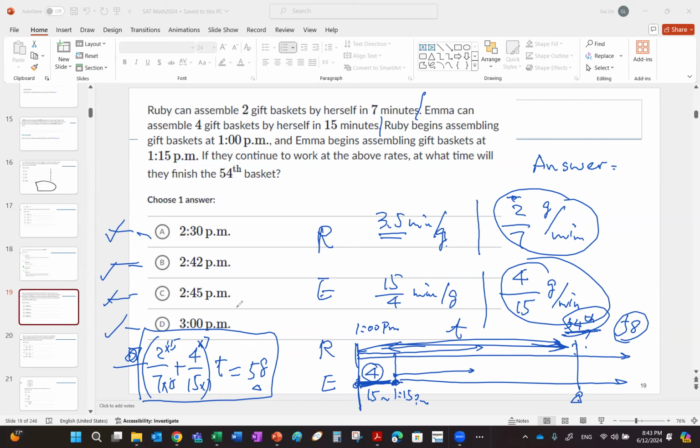So T equals, we can see this part has the same denominator, right? So 58 times 7 times 15 over 30 plus 28, which is 58.